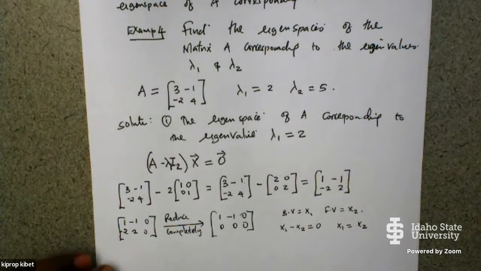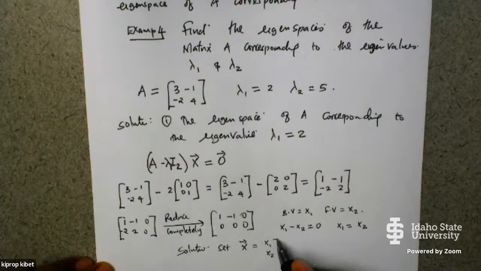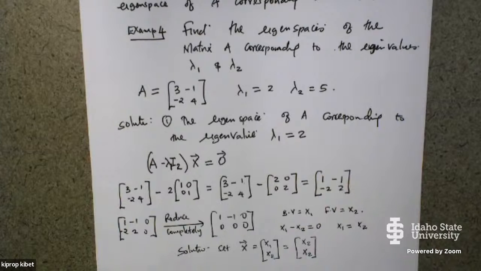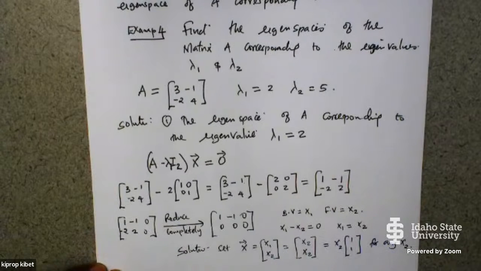So then our solution set, which is x equals x1, x2, is the same as x2, x2, with x2 our free variable, and therefore this is the same as x2 times 1, 1, for any x2.